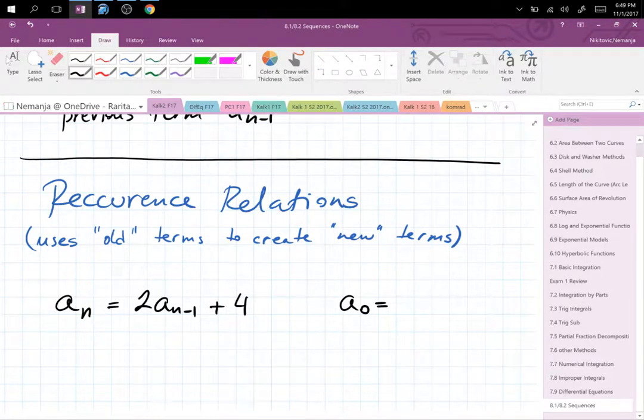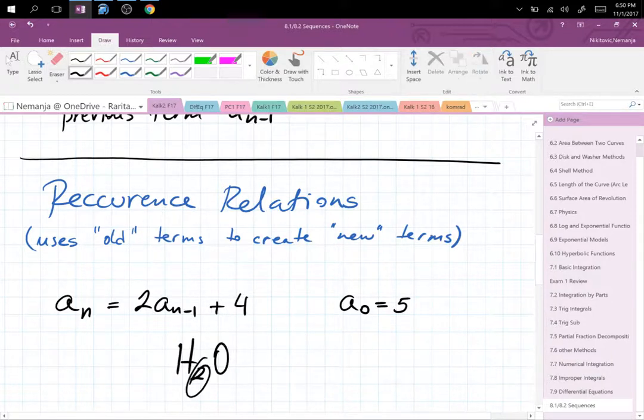Give me whatever value is not going to be crazy to compute. 5 it is. One quick question though: is that a n minus 1, or is that subtracted? This one is an index. You know how you write H2O? That's how you write it, so the n minus 1 and the a are together. Yes, 2 times that.